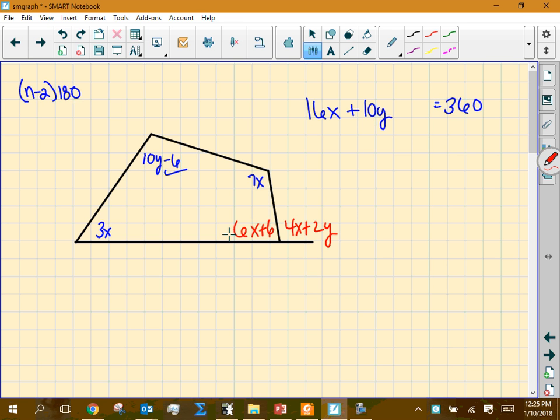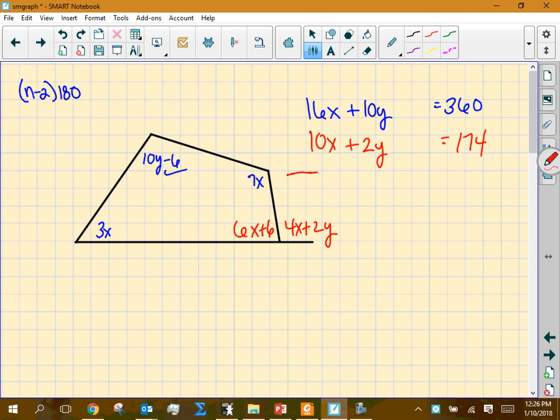What is the relationship between those two angles? Supplementary. So we should have 10x's plus 2y's plus 6 equals 180, right? Now the way we do a system is that we should move that 6 over here, and we get 174, right?